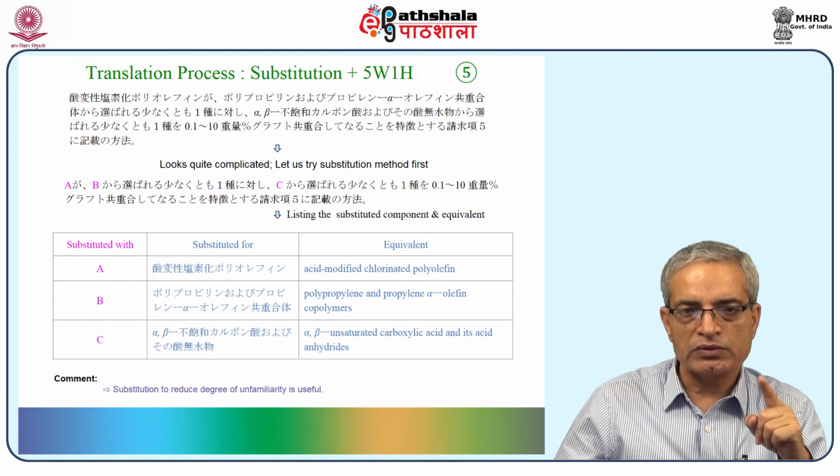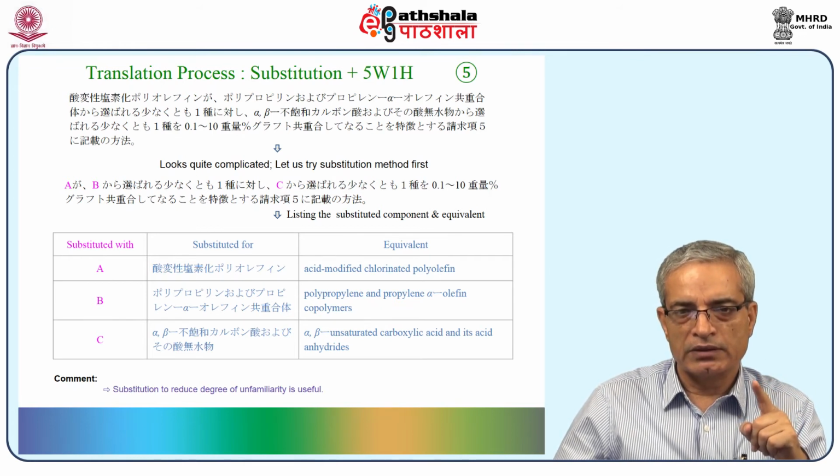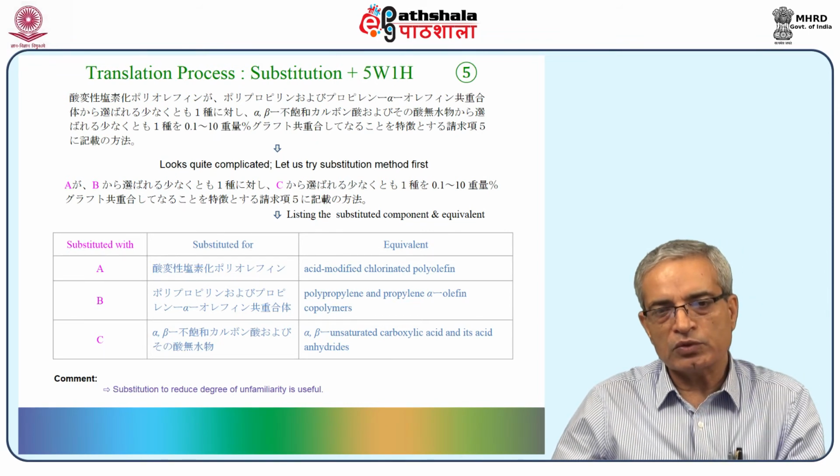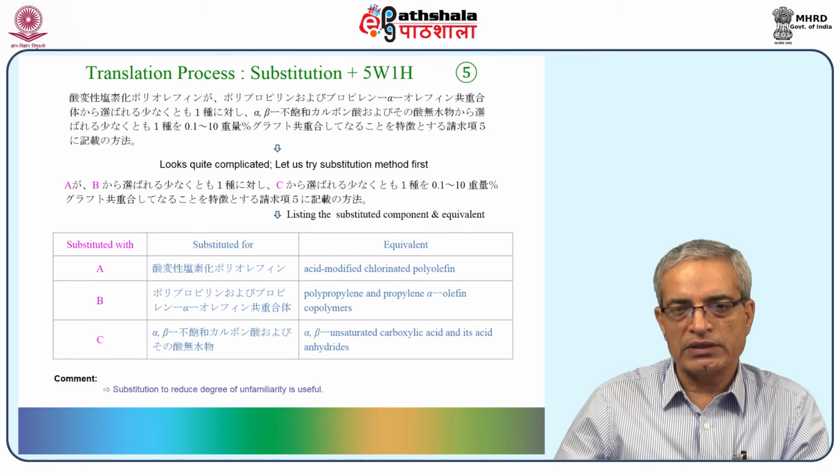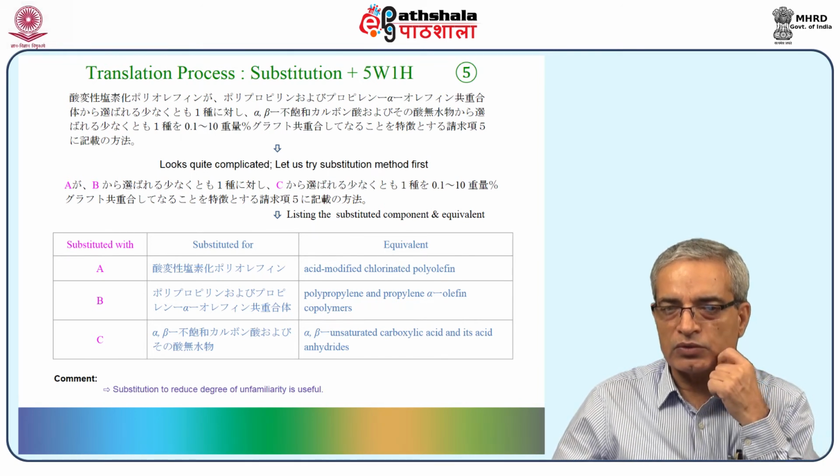Then era bareru skunaktomo ishuni taishi. Alpha beta we have replaced it earlier with the C kara era bareru skunaktomo issue o 0 te nichi naishi 10% graft kyoju go shite naru koto o tokusho to suru seikyu ko go ni kisai no hoho.